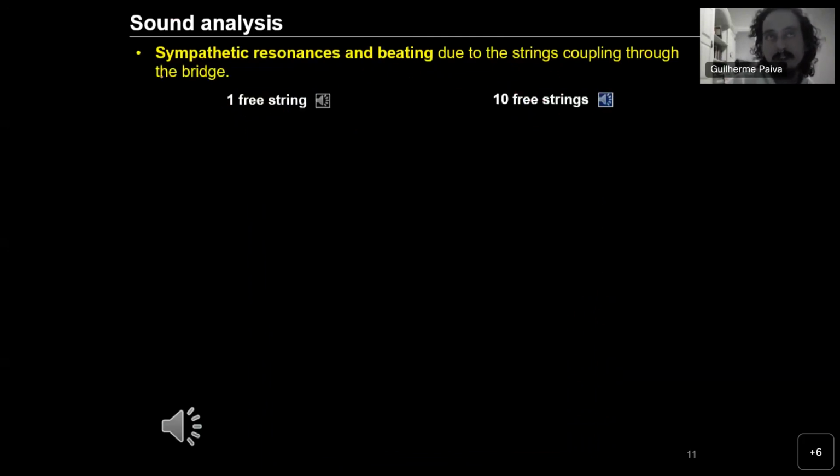So you're gonna listen to the 2 sounds, one after the other, first the 1 free string and then the 10 free strings, twice. I recommend to use phones or at least a good loudspeaker, and if you can, turn up the volume to be able to perceive the difference, because they are very subtle. So okay, I'm gonna play it.